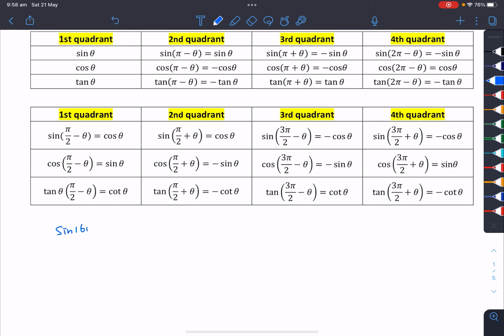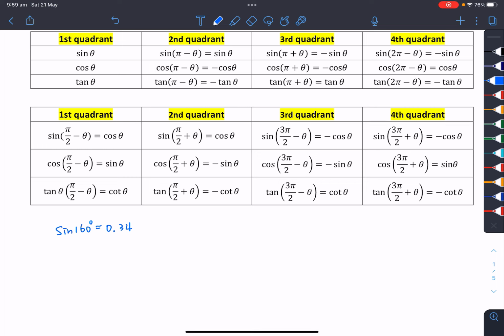160 degrees. Sin 160 degrees, you will get the answer 0.34.